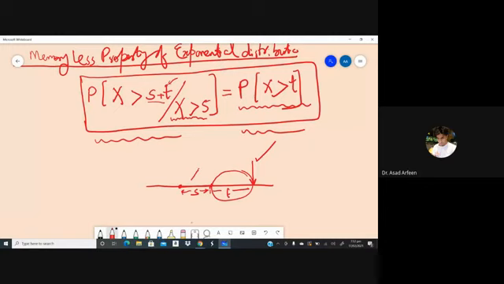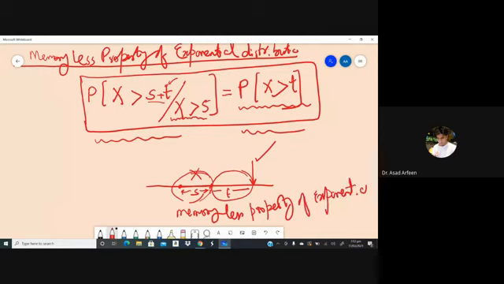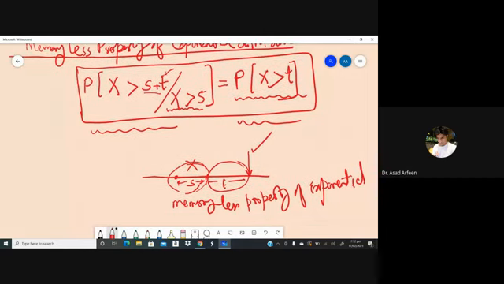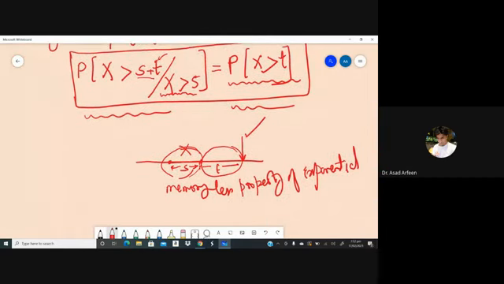It is not dependent on s. That's why it is not included in the probability, and therefore it is called the memoryless property, and it is only a property of the exponential distribution. I think it is also logical, because the time which has passed has no impact on the arrival of the event. For those who arrive late and start waiting, it is the same probability.